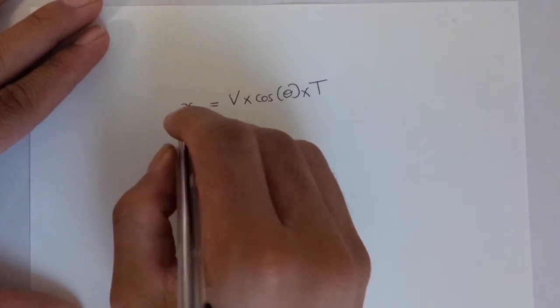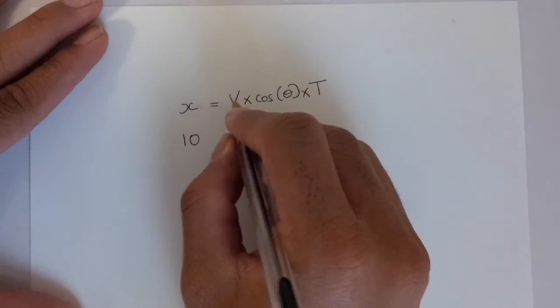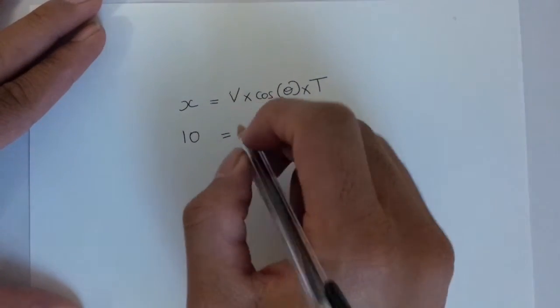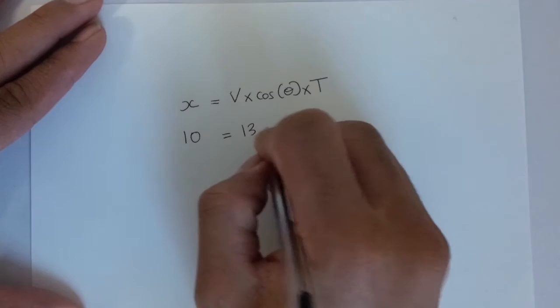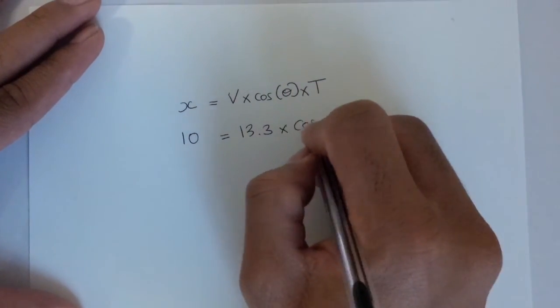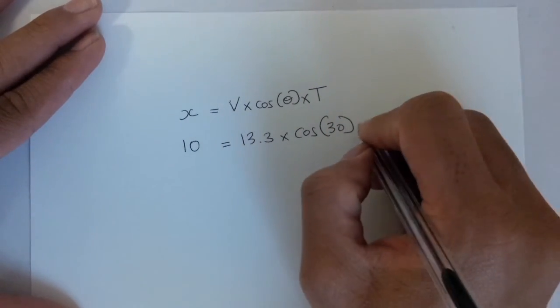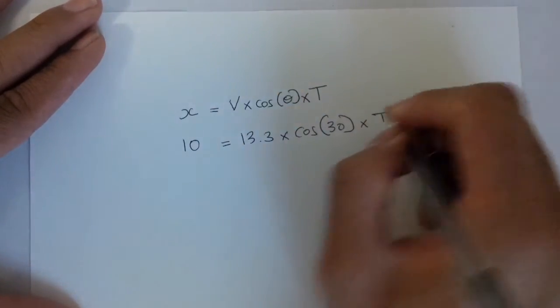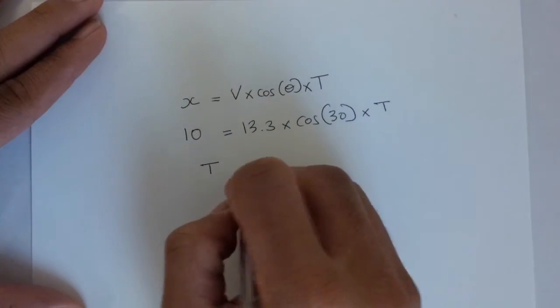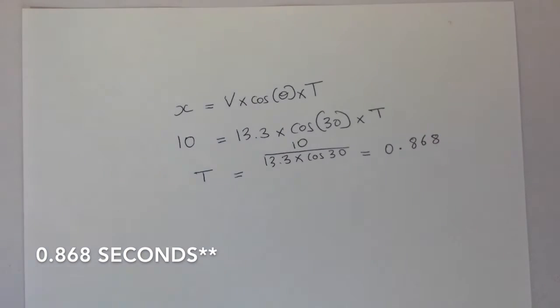At point A, the horizontal displacement is 10 and the initial velocity is 13.3, which we have found from the first part, multiplied by cos 30 degrees, which is the angle of projection, into time. You should be getting time as 0.868.